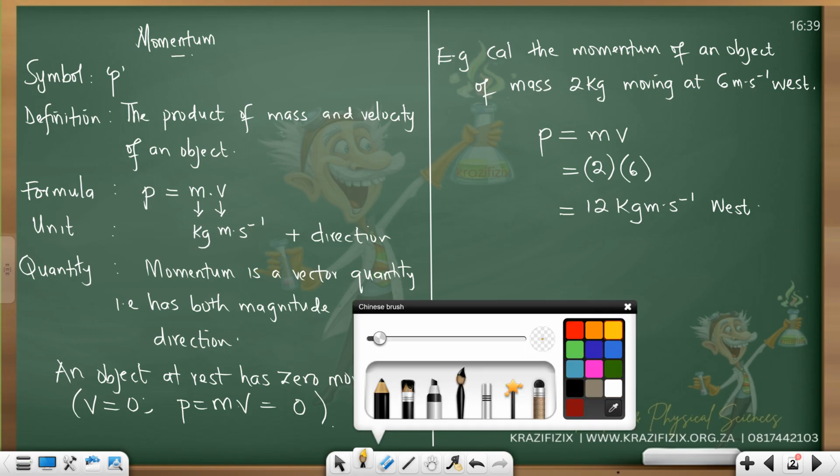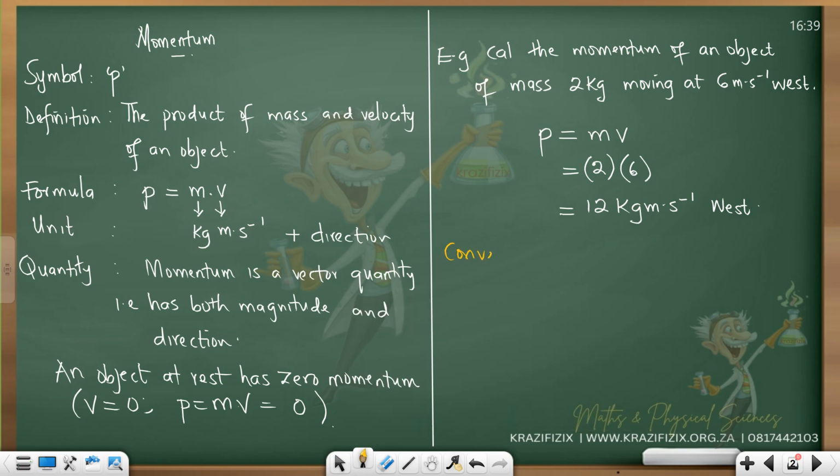And just a footnote here for conversions, in case we have forgotten. To convert grams to kilograms, because mass must be measured in kilograms, what do we do?